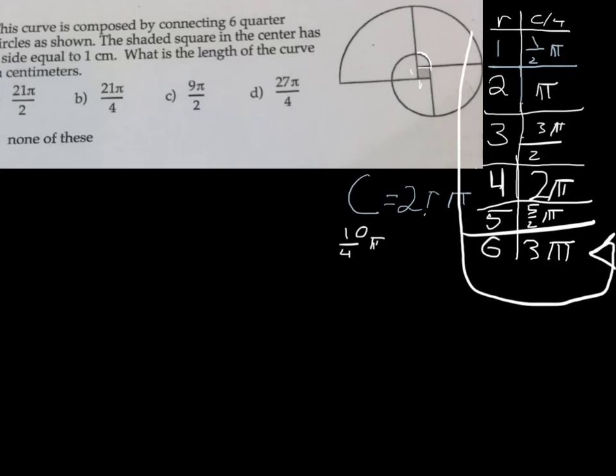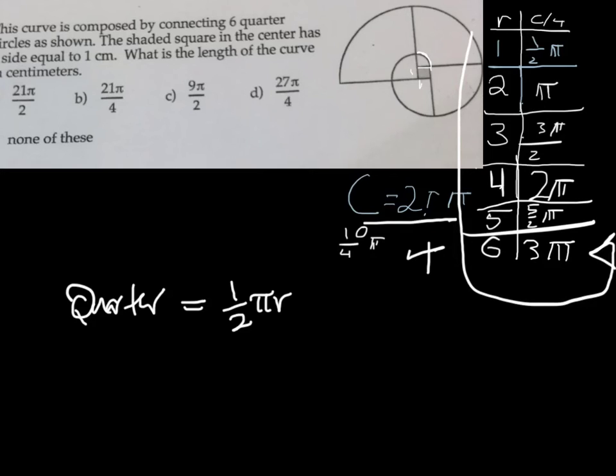Let me just show you this slick, super fancy thing that I noticed. The formula for a quarter circle is 1/2 pi r. Agreed? I mean, I'm just taking the circumference and dividing by 4, right?